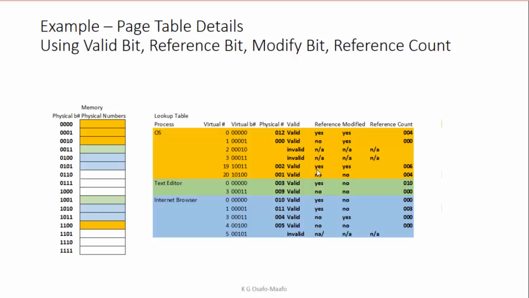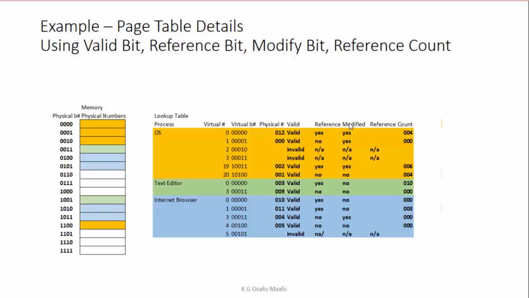But the moment the process has used it, we say, oh, it's been used. And this would help you figure out which pages, especially when we are running out of space, or we want to free up some physical memory, we will be removing, ideally, the things that we know you have not referenced.